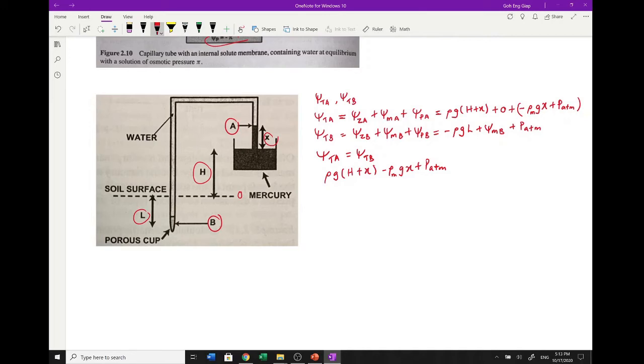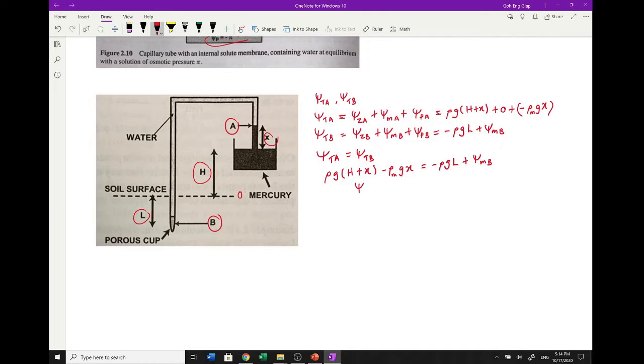I think it's better that we remove the atmospheric pressure, not consider it here, because it's the same for both A and B. So we neglect the atmospheric pressure. In this case the equation is a bit shorter. We get minus rho g L plus the matric potential.